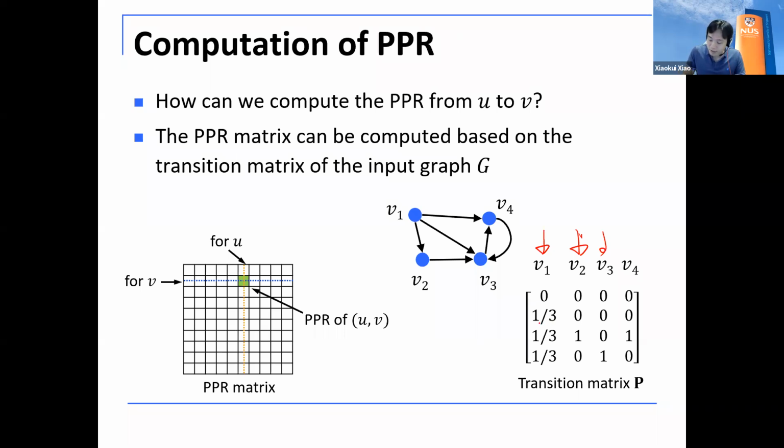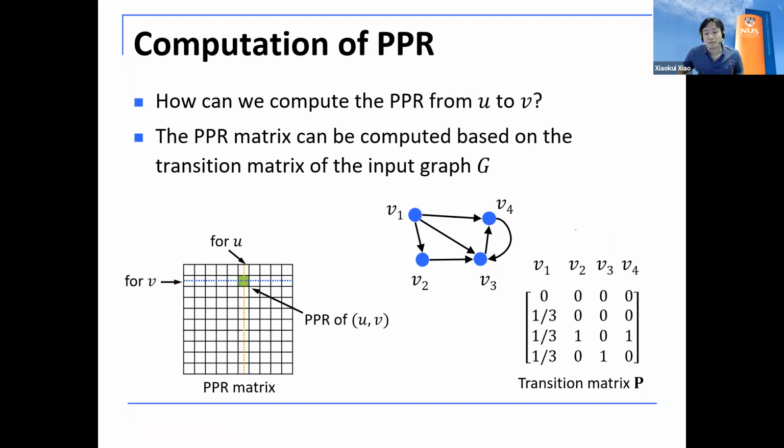So for instance, this entry corresponds to this edge here from node V1 to V2. And its value is 1 over 3 because this edge starts from node V1, and V1 has 3 edges going out. Same for the other entries in this transition matrix.